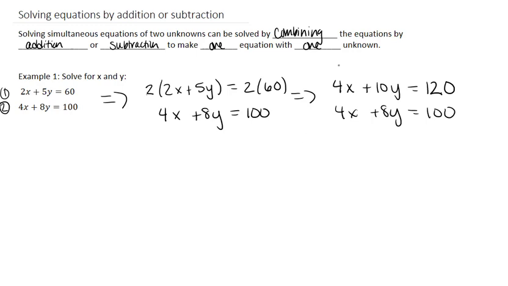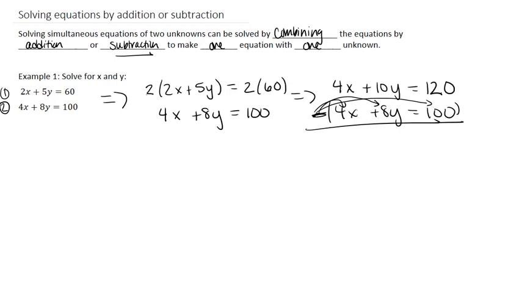Now our next step will be to do either addition or subtraction. But we want to use subtraction because if we go 4x minus 4x, we get 0. So we need to subtract this whole thing. That means we're taking this minus sign and distributing it to each one, so all these essentially become negative.